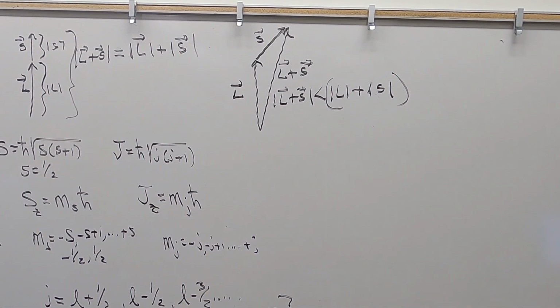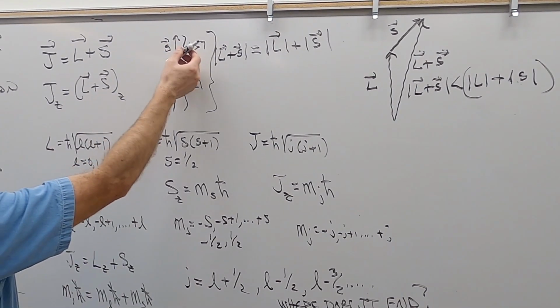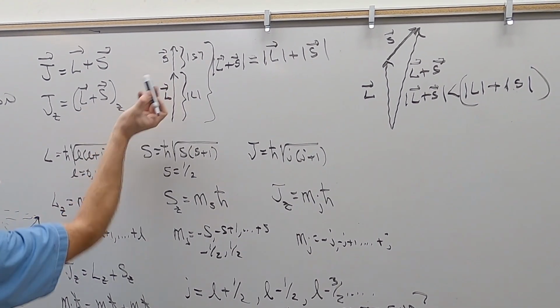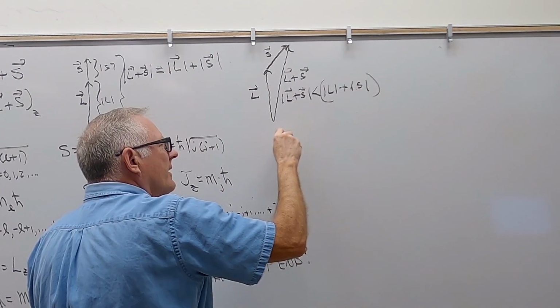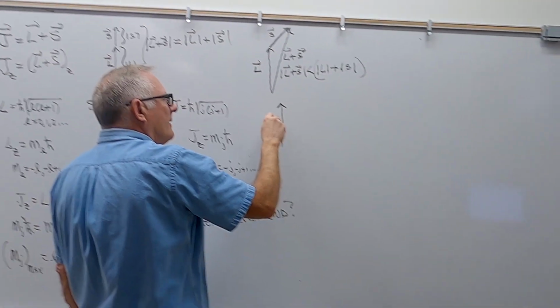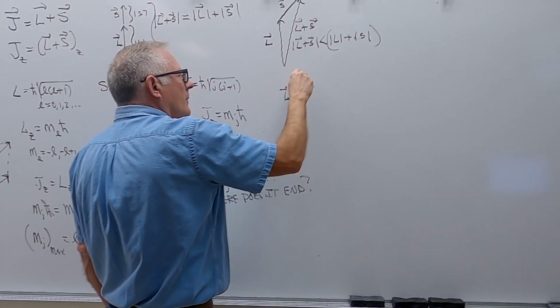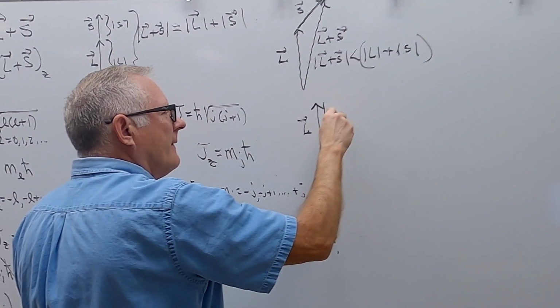Okay, let me just keep swinging. I was just swinging this around. Why don't we swing it all the way around so that it's coming back down? So here is your L, but now my S is coming this way.